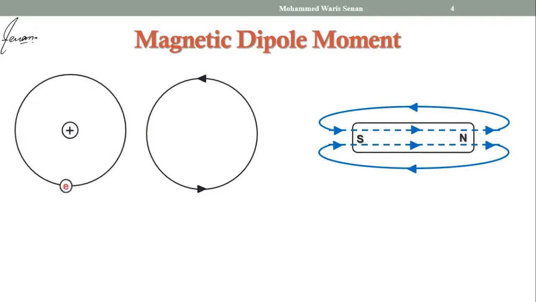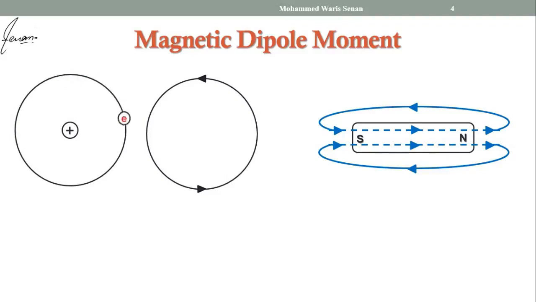And if you stand in front of the south pole, you will find that the magnetic lines of force are going perpendicularly inside the magnet. So just note these two points: in front of the north pole, the lines of force go out perpendicularly, and in front of the south pole, they go inside perpendicularly.